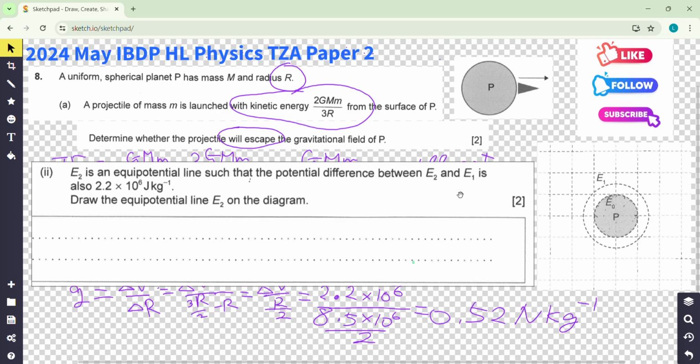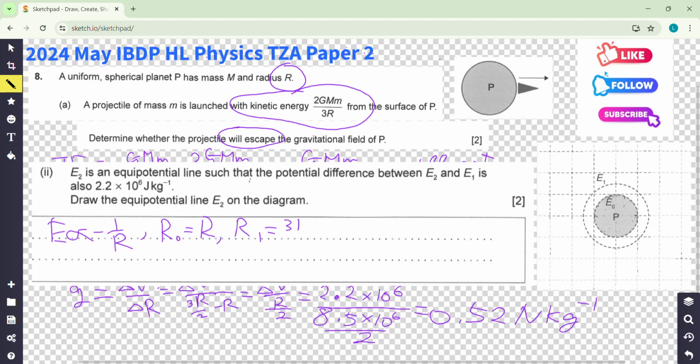So remember, the electric potential is proportional to negative 1 over R. So you need to list out the things. R0 is R, R1 is 3R over 2, and R2 is unknown. Okay, step by step. As they said, they have the same difference of voltage. So E2 minus E1 equals E1 minus E0.